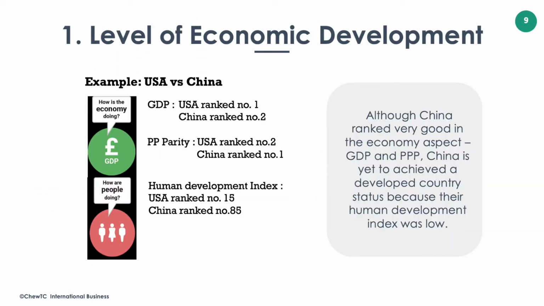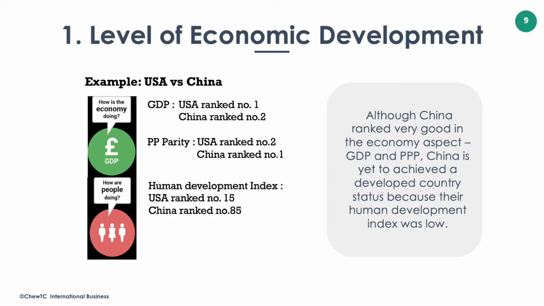Here we have a very simple example to show that a country or economy can only be considered as developed when they are doing well in both aspects, economy and people. The example here is to compare the United States and China.